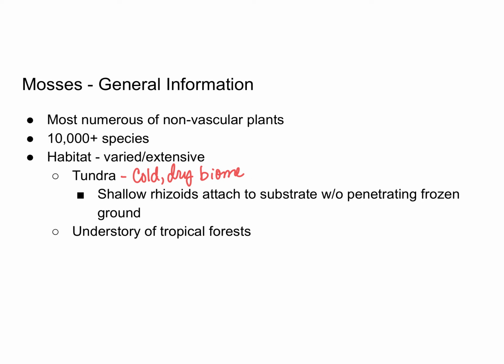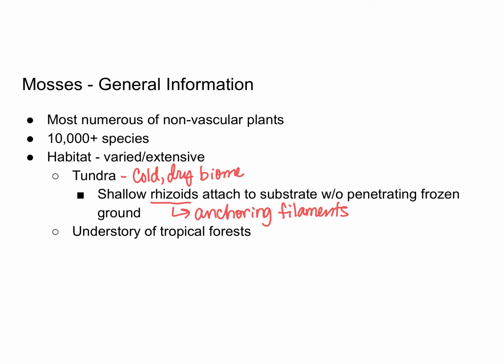But these mosses have these shallow rhizoids. Remember that rhizoids are kind of like roots, but not roots, but they are these anchoring filaments. And mosses have really shallow rhizoids, so they are able to attach to a substrate without penetrating the frozen ground.